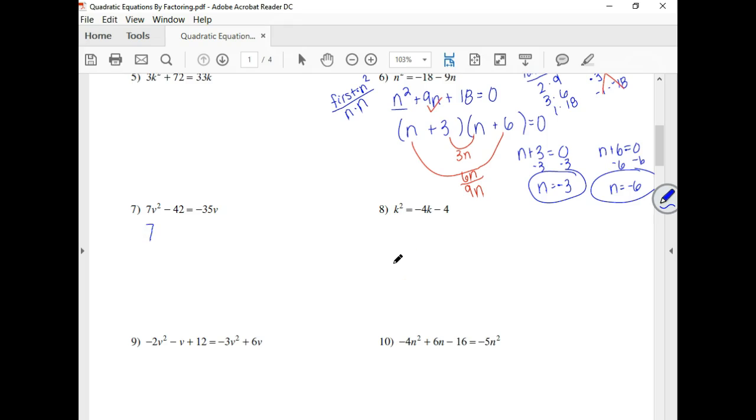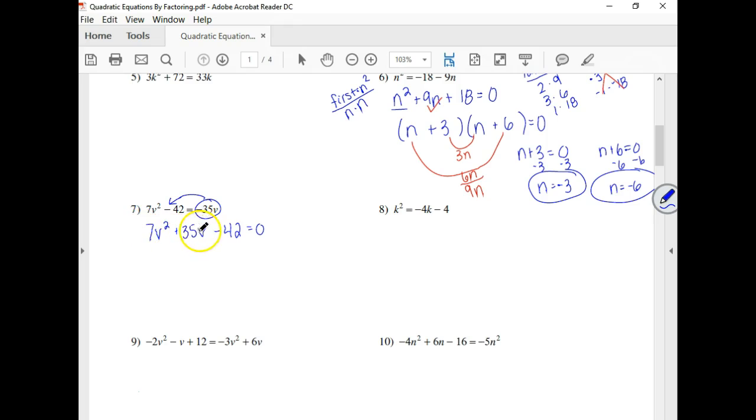So I would have 7v squared plus 35v plus 40, minus 42 equals 0. That 35 changes signs whenever we move it over here to the left-hand side. 42 does not, so it stays negative 42.